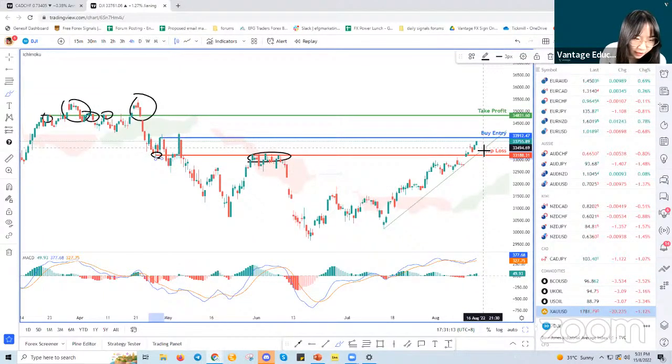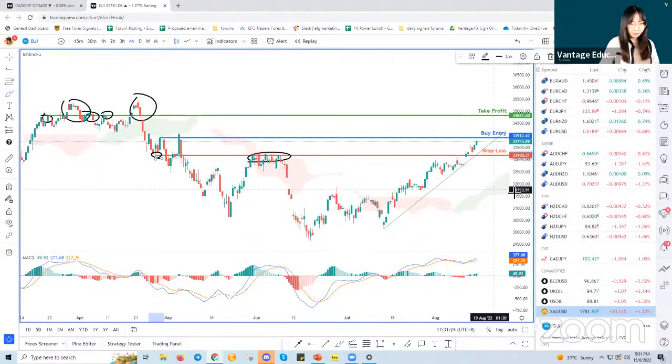If you set it a little bit lower, the market may go down to here but bounce up and go to your take profit, so you can enjoy the profit. So sometimes we need to balance our risk and reward ratio.